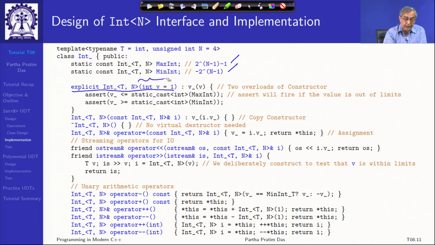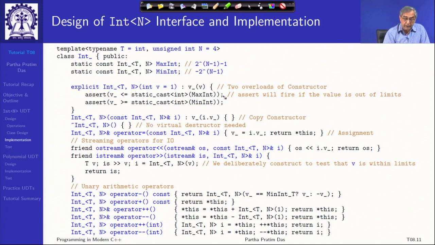So, there is a default that is available, which will give me unity number, otherwise I have to give the specified number. I have copy constructor, destructor which does nothing, copy assignment operator, output streaming operator, input streaming operator, and so on.